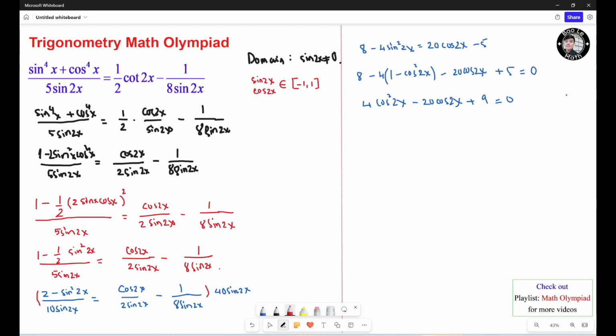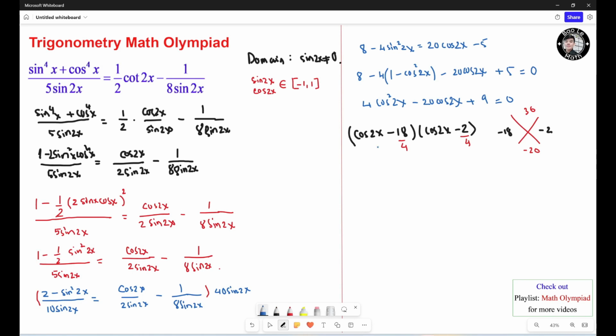So we factor this one. We multiply 4 times 9 to get 36, and we need integers that multiply to 36 and add up to negative 20, which are negative 18 and negative 2. So it turns out to be (cos 2x - 18)(cos 2x - 2), and then we divide by the coefficient 4.